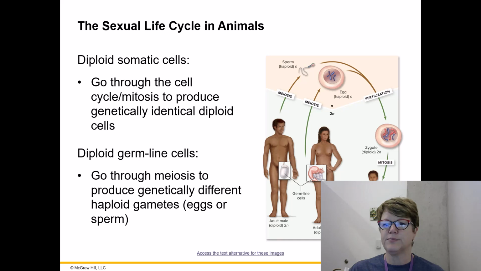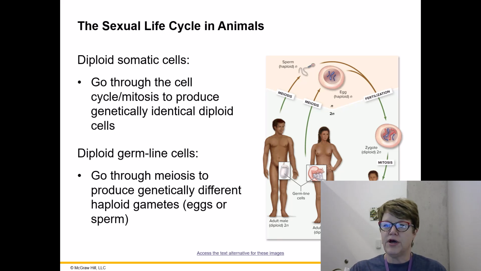And so we talked about the purpose of the cell cycle for growth of the organism, because it makes more cells of the same type. But now we're looking at a different kind of cell division, meiosis, and that is restricted to just the cells that we call germline or reproductive cells.